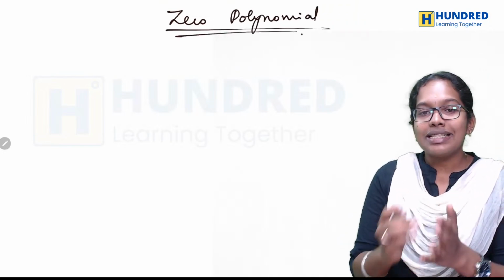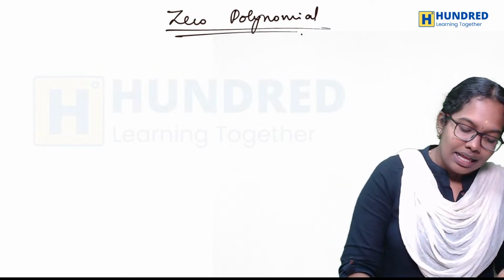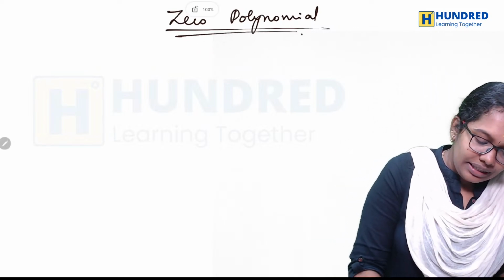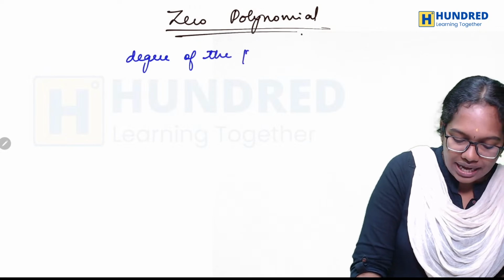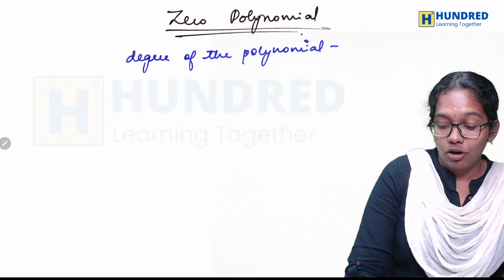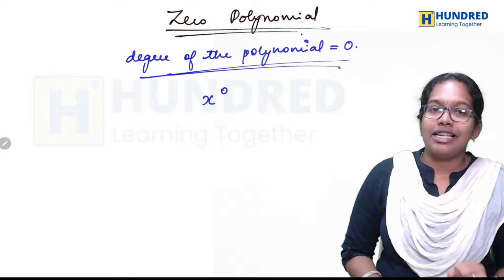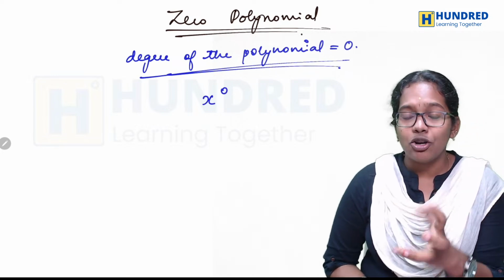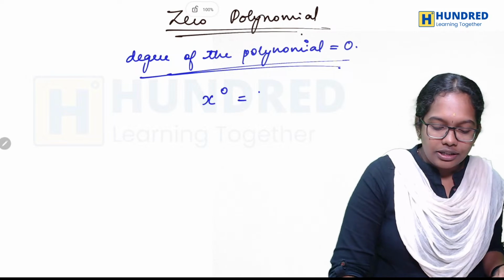Okay, so what's a zero polynomial actually? A zero polynomial is nothing but, if the degree of the polynomial is 0, then it is called as what? Zero polynomial. Okay, so that is simply x power 0. So if it is x power 0, then the value of x power 0 is what? It is 1, right? So this is going to be 1.